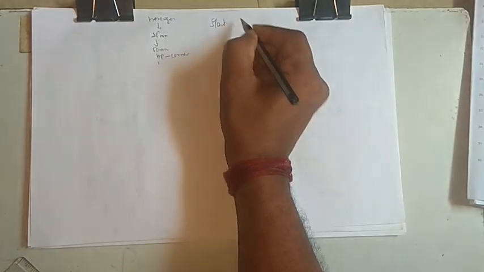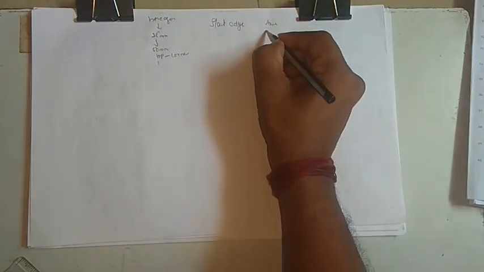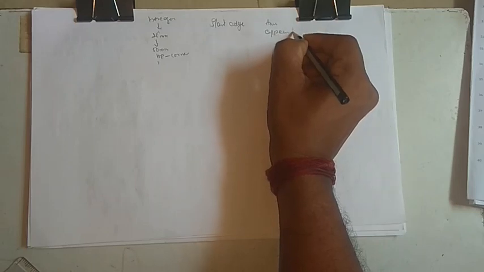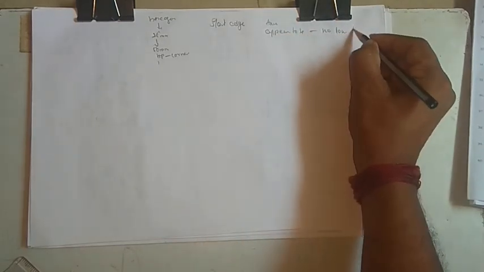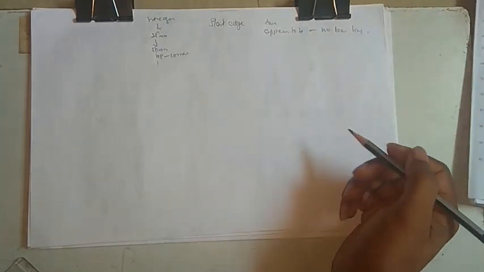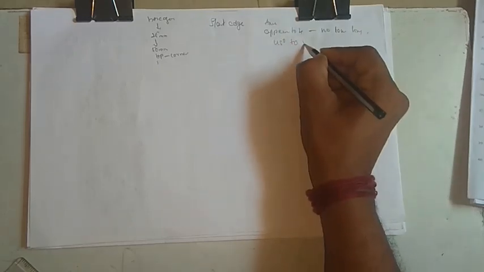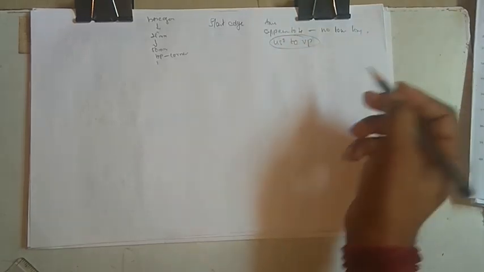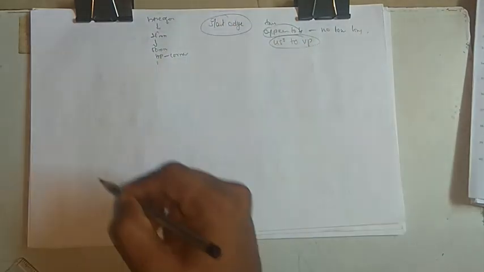So second position, it is on the slanted, and third one, very important, axis appears to be. Appears to be means it's a no locus line, so no need of finding any beta line here. So it is inclined at 45 degree to the VP. Very important, appears to be and a slant edge. Those two are the keywords.